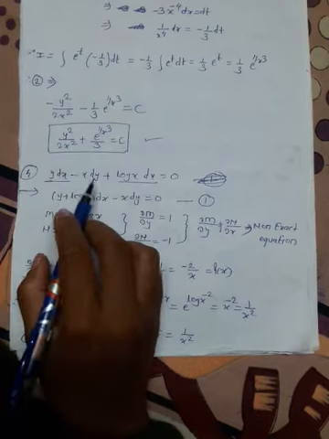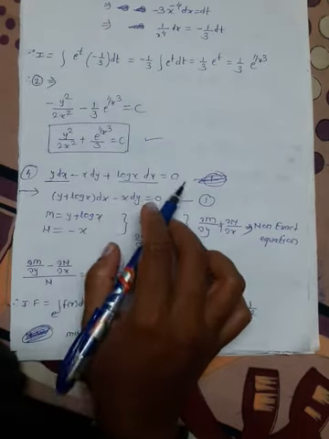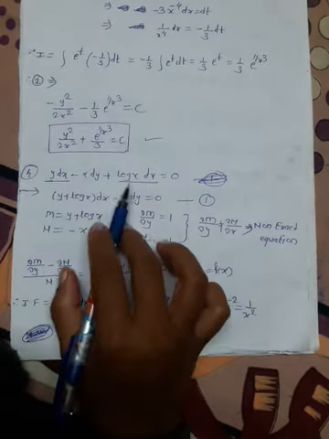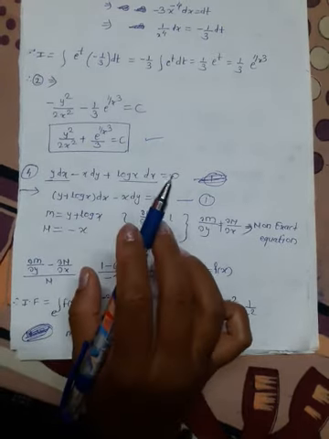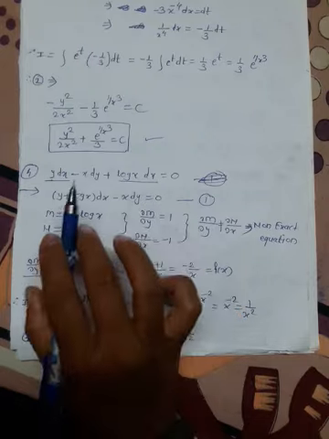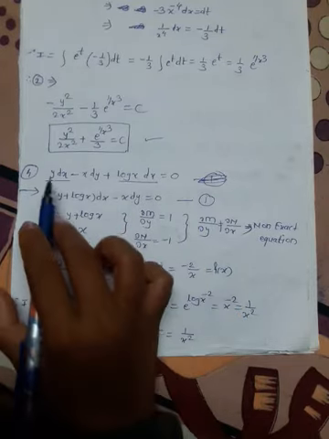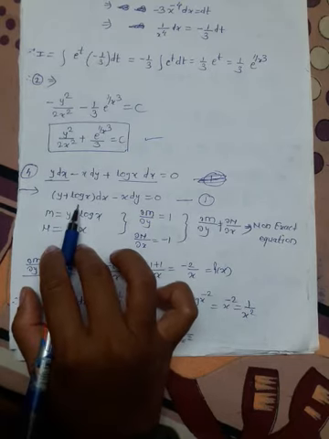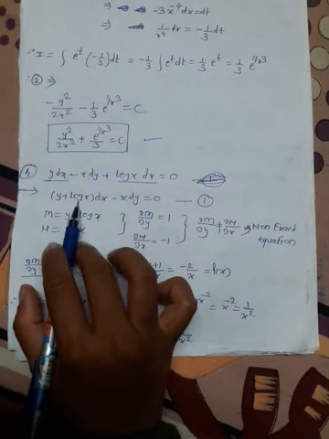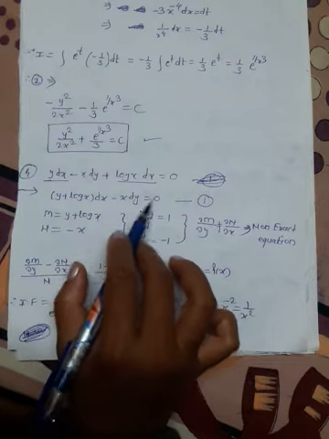y dx minus x dy plus log x dx is equal to 0. In such an example where there are two terms of dx, our first step will be to combine this dx first. Therefore (y plus log x) dx, this is the M, the coefficient of dx, and minus x dy is equal to 0.